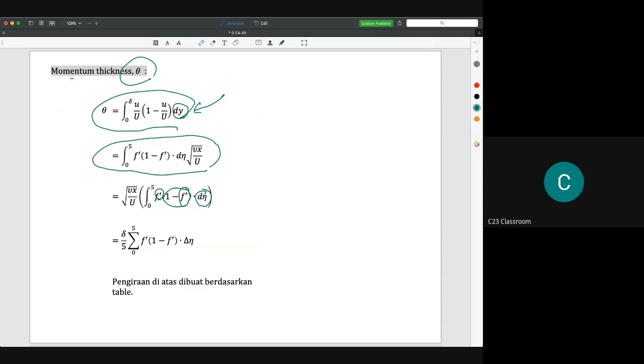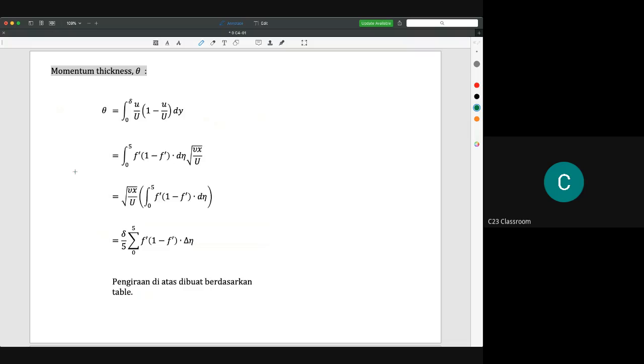So what is the meaning of this one? We know that the integral here means the summation. Okay, the summation, so it means we could change the idea of integral with the idea of sigma. It means we need to calculate all of them and then add all the values.